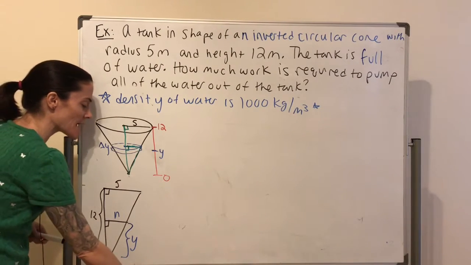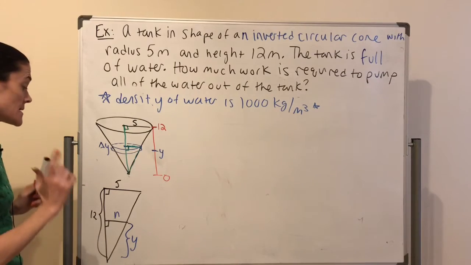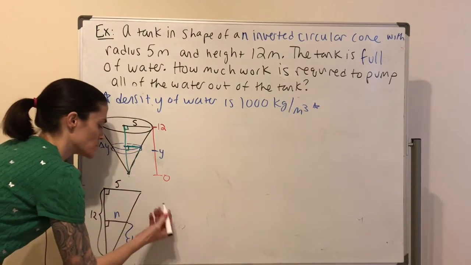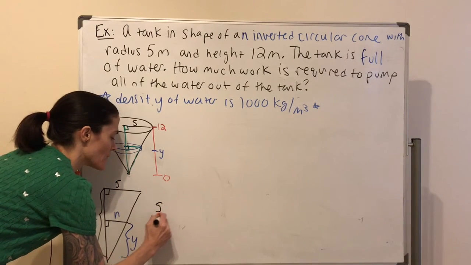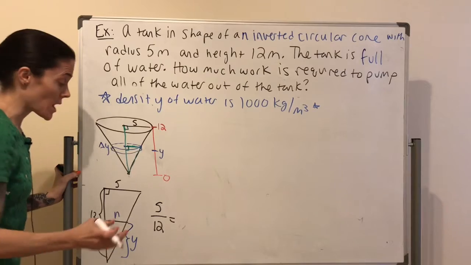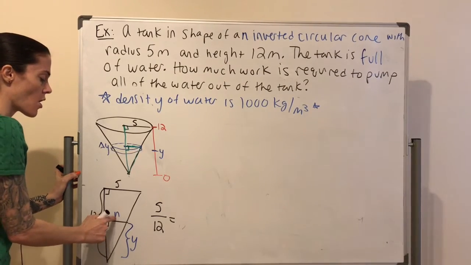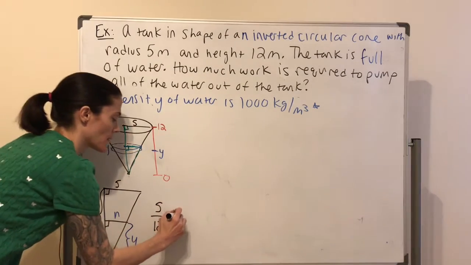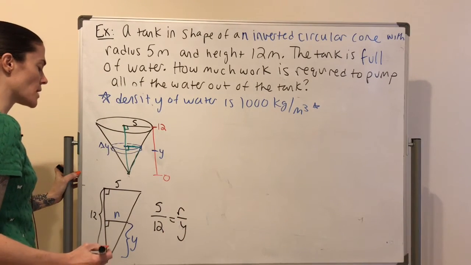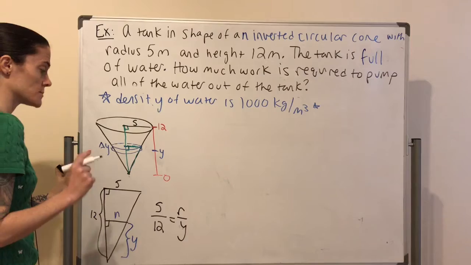Okay, similar triangles. Fabulous. Similar triangles says that this ratio, 5 over 12, equals the same ratio on this smaller triangle, r over y. Now we're trying to solve for the radius in terms of y.